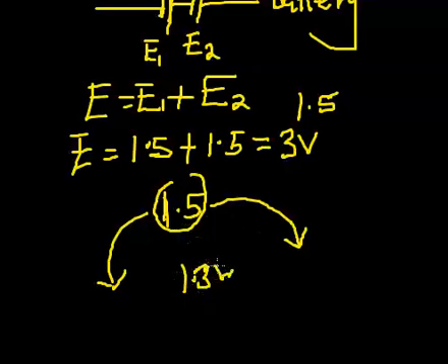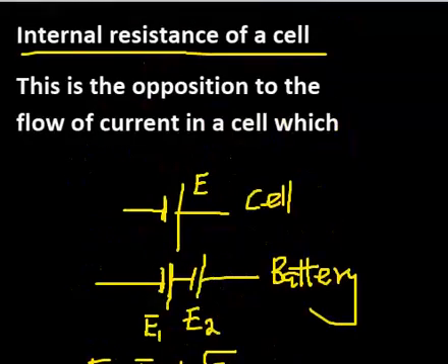You now ask what happened, where did the 0.2 go? Now that is what brings me to what is known as internal resistance. Every cell mostly has internal resistance. They are not perfect, it's not an ideal cell. It can't deliver all the voltage.